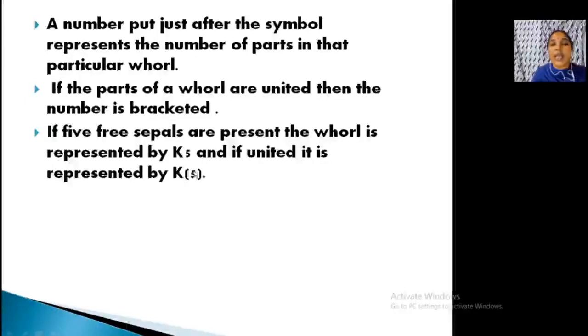K5 in brackets means calyx with 5 sepals that are united, that is gamosepalous. Here it is polysepalous, here it is gamosepalous. So united sepals, united stamens or united petals, everything is written in brackets. If it is free, there is no need for brackets.